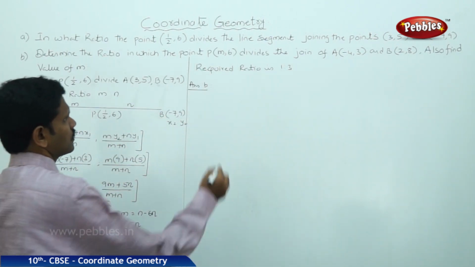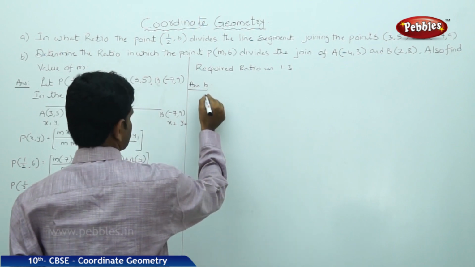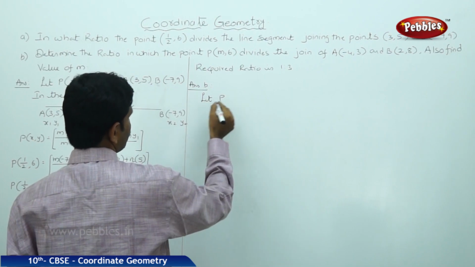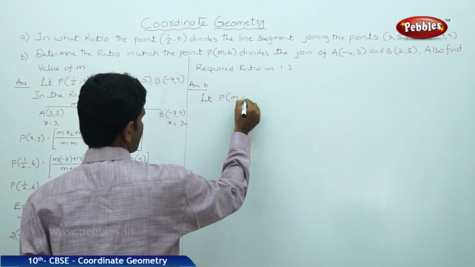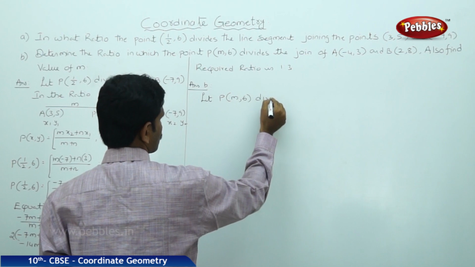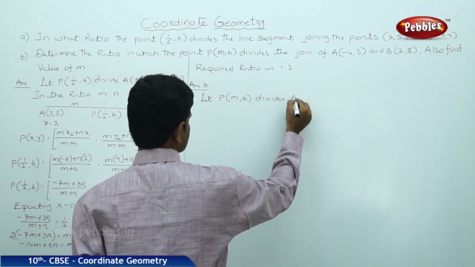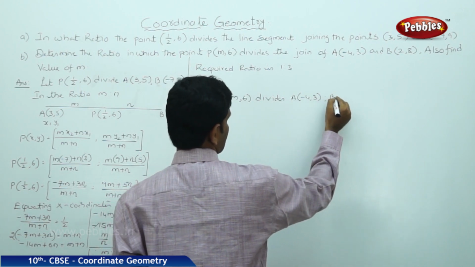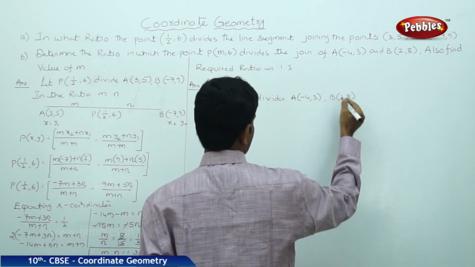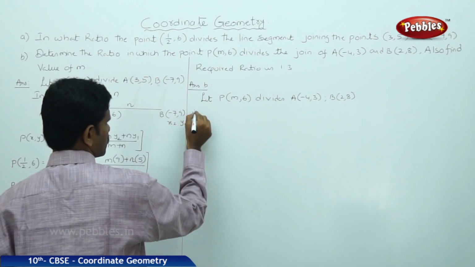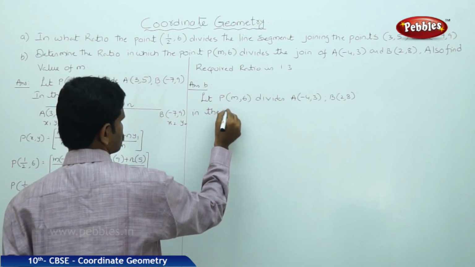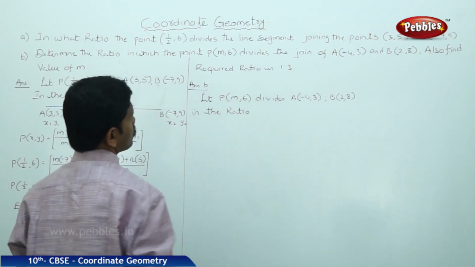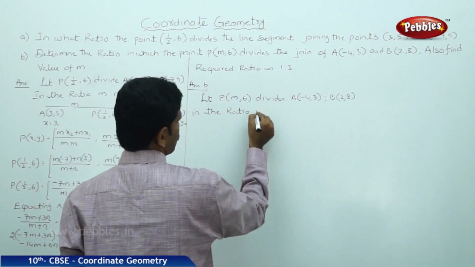That is, let P(m, 6) divide A(-4, 3), B(2, 8) in the ratio m is to n.